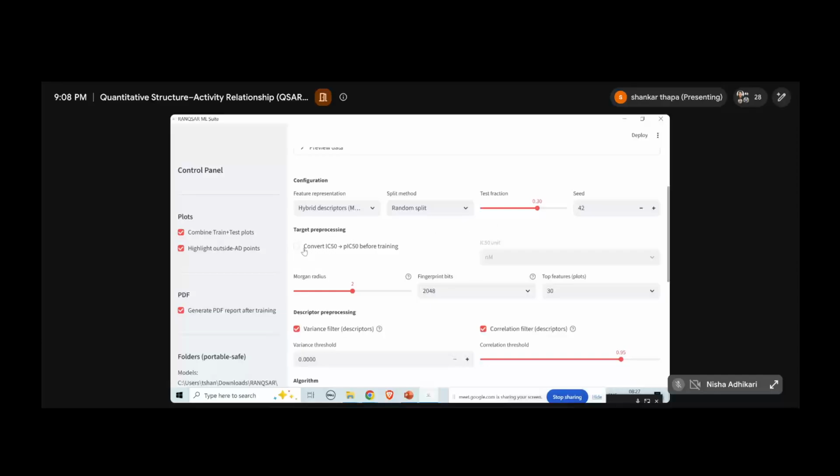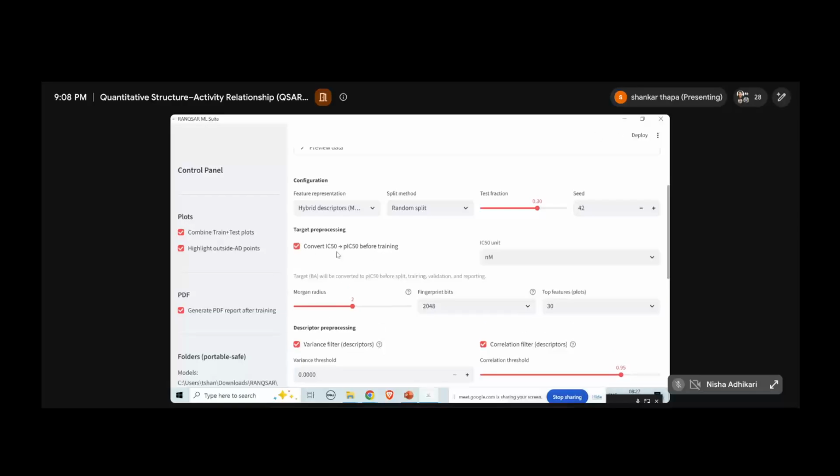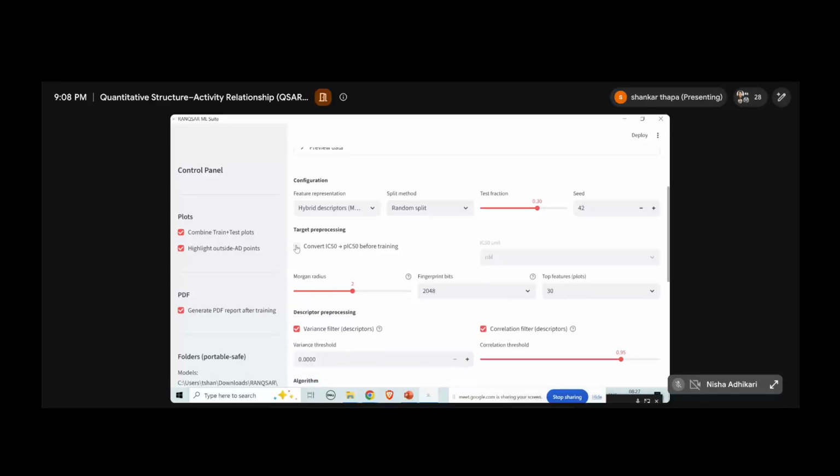I told you there is no need to convert the IC50 into pIC50, because we have an option here in this software. You can click it if you have used the IC50 value. If you have used the pIC50 value, no need to check this. I think mine is a pIC50 value, not IC50, so no need to do that. Here the unit also you have to consider, so be careful about the unit.